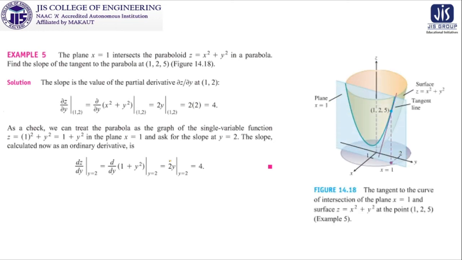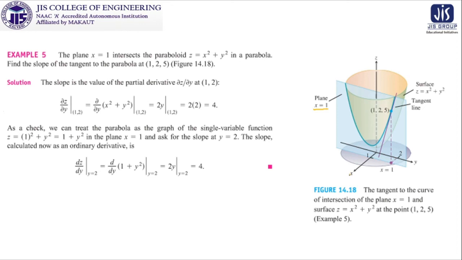So look at the figure first. This is our paraboloid, z is equal to x square plus y square. This shape, and our plane x equal to 1 is this one.